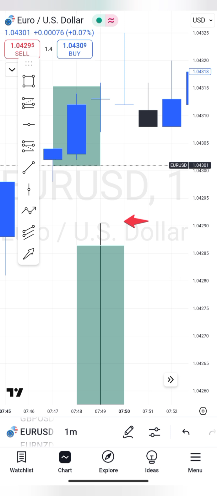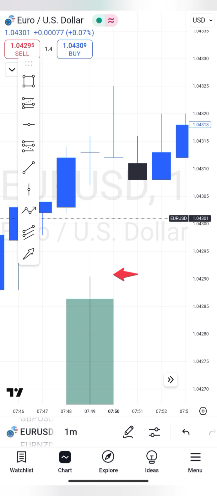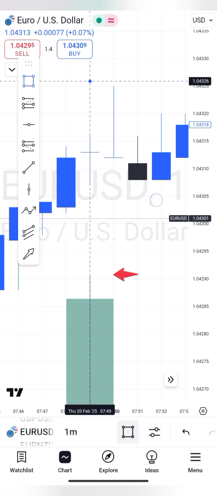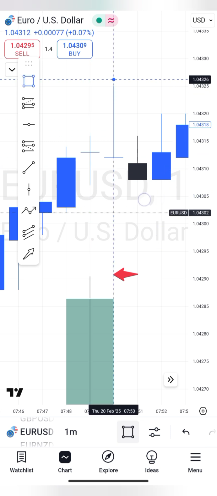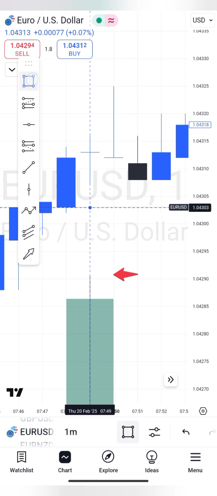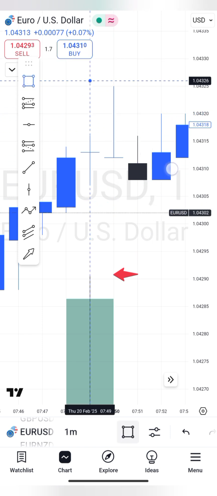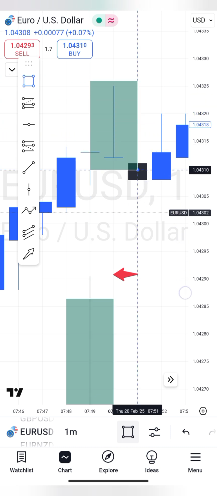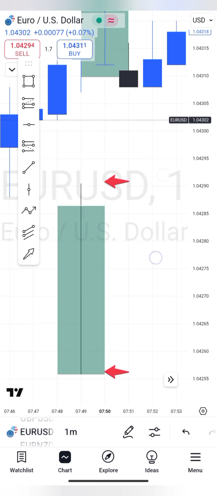Okay, now let's see, how does this candle come to be formed? A candle like this one that is just a weak one. Let's come here.